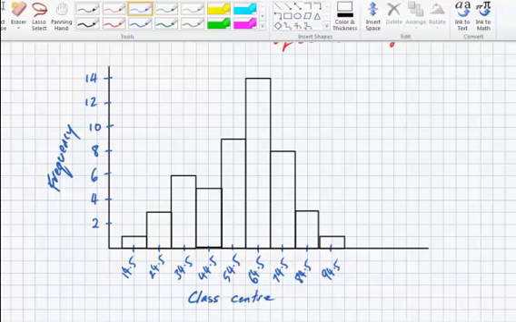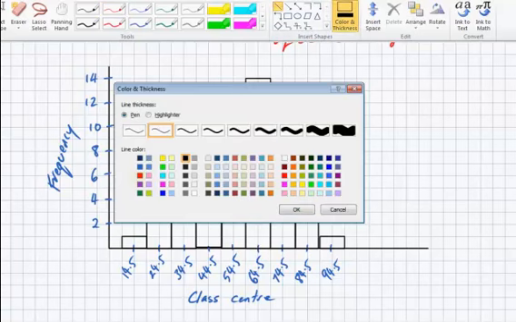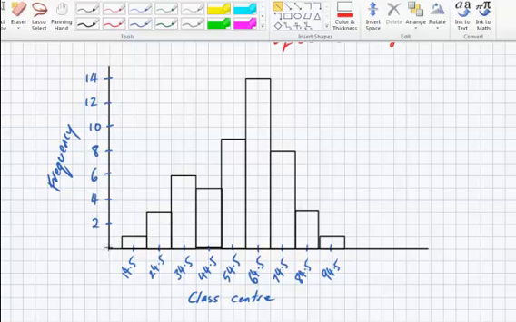Also remember that you leave a gap at the beginning here, and when you draw up your polygon, you draw a line from the middle of one column to the middle of the next column. Okay, and I'll let you finish that off.